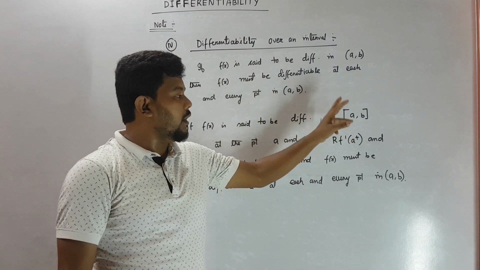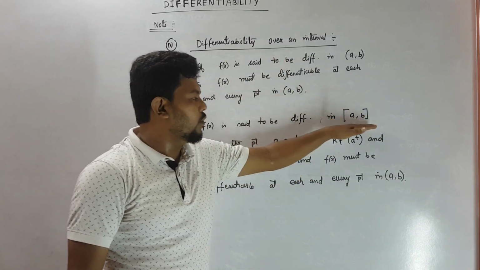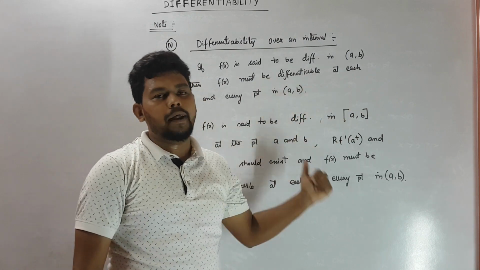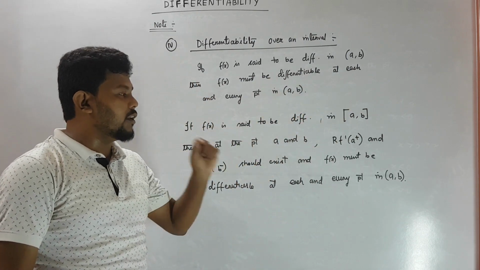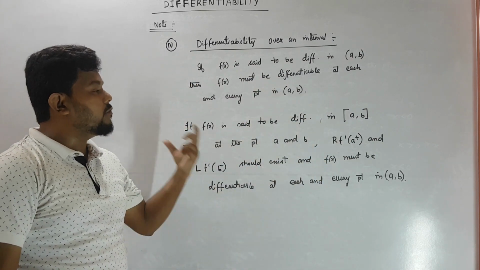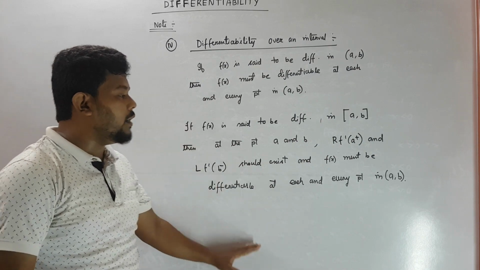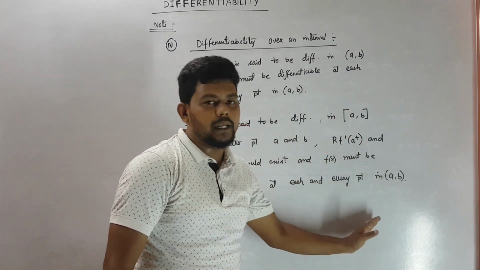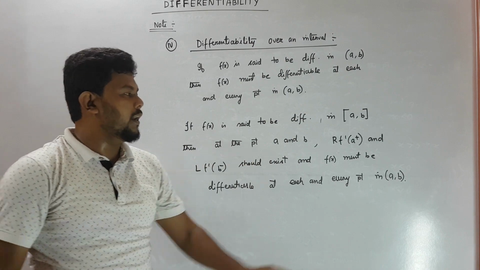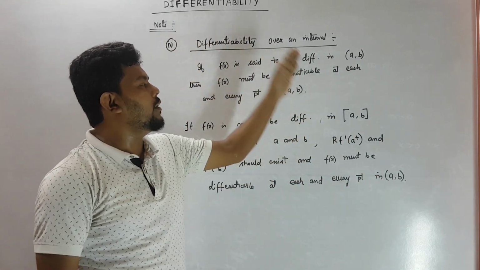Here a minus and b plus are not present in the interval, only a plus and b minus are present. So we will check the differentiability for a plus and b minus, and the function f(x) must be differentiable at each and every point in the interval (a, b), that is, at all points between a and b. This is your differentiability over an interval and full differentiability.